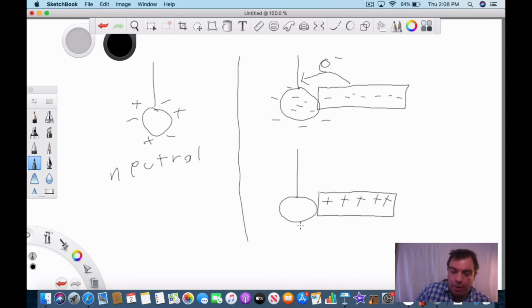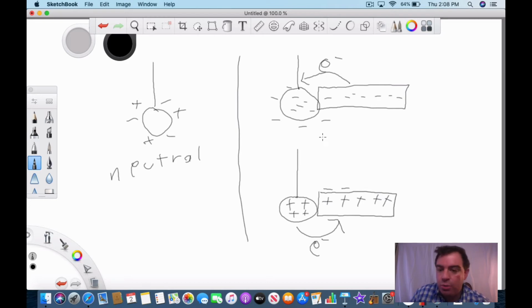Electrons will move from the neutral object, as you can see over here where they're intermixed, and they are going to go to the glass rod. So what are they going to leave behind? They're going to leave more positives. Initially it was neutral, but now we removed electrons, and some of the electrons came onto the glass rod. They made the pith ball overall positive.